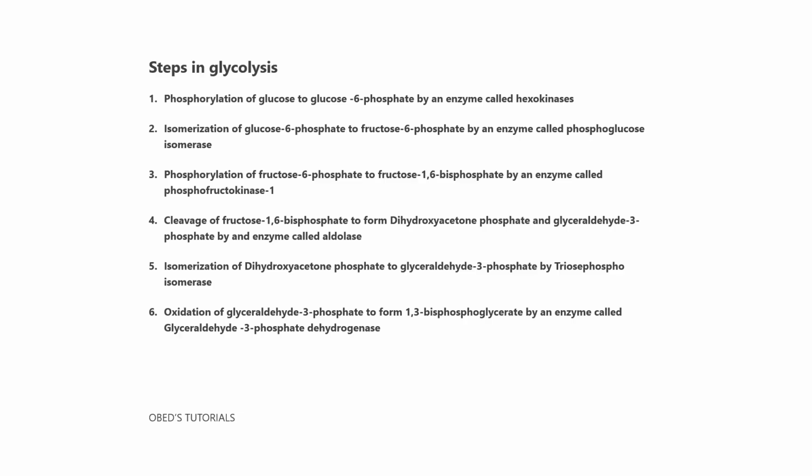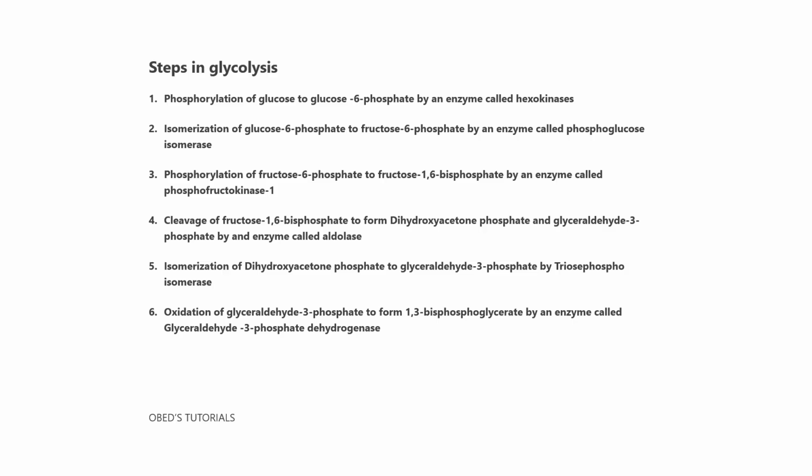What hexokinase does is transfer the phosphate group from an ATP to the glucose, specifically to the carbon 6 of the glucose molecule, to form something that we call glucose phosphate. That's what takes place in the first step.